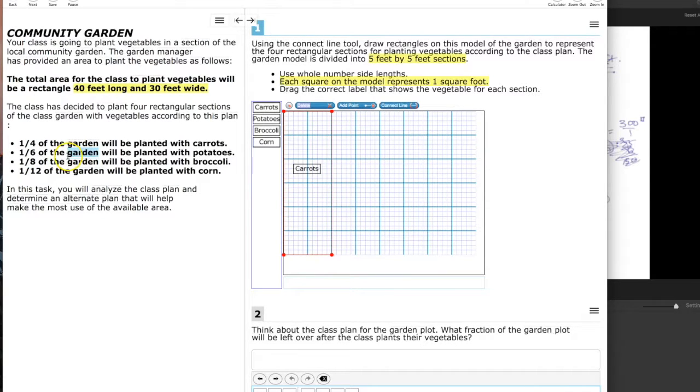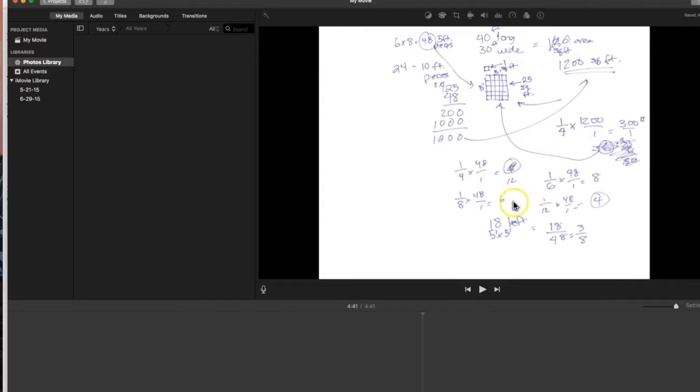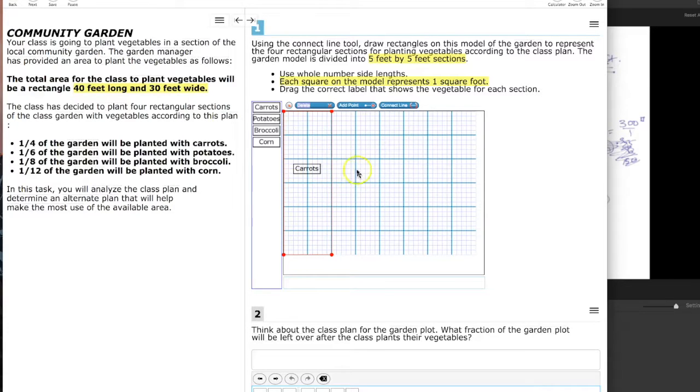1/6 of the garden will be planted with potatoes. I do my work. 1/6 of 48 is 8. So 8 of those 5 by 5 squares: 1, 2, 3, 4, 5, 6, 7, 8. So I'm going to add my points there, and there, and there, and connect those lines. And there's my potatoes.